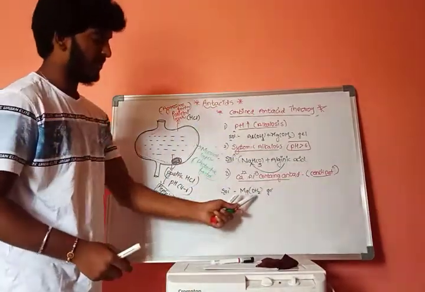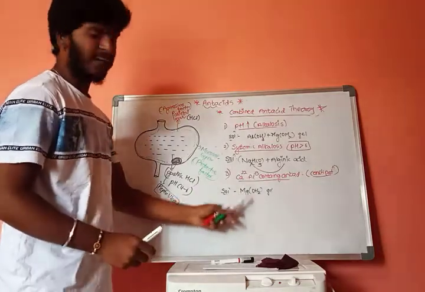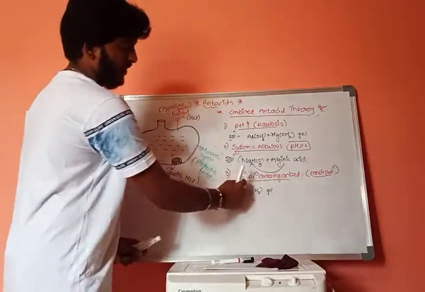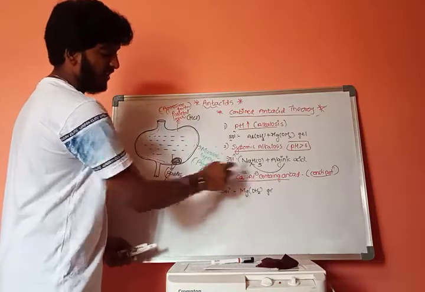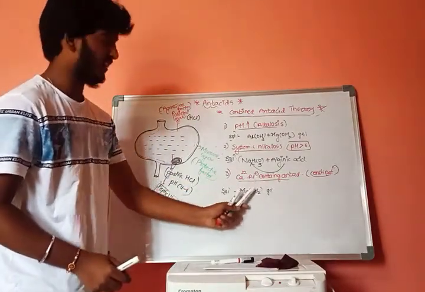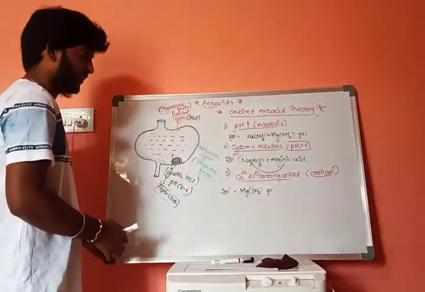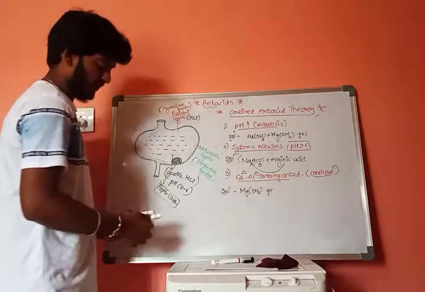Whenever this magnesium hydroxide is inserted into our body, it will mask the impurities like calcium and aluminum and helps in formation of magnesium hydroxide gel in our body and decreases the constipation. This is the third problem.